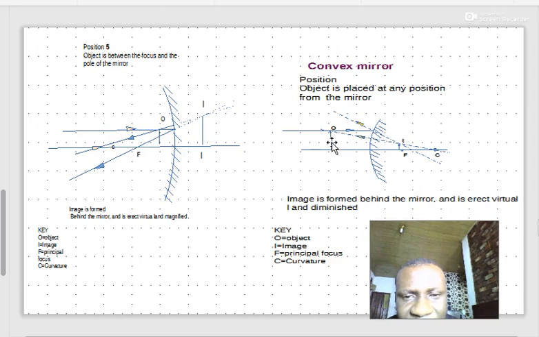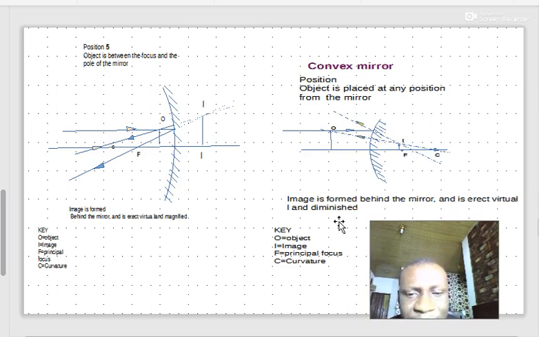Here is the object. An object is placed in front of this mirror. At any position, the image formed is usually diminished, irrespective of the object's position. So we only have one ray diagram for this mirror type. Look at the object. A ray of light strikes the mirror at this point. The ray of light, after reflection, will appear to diverge from the principal focus here. The principal focus of a convex mirror differs from that of a concave mirror.